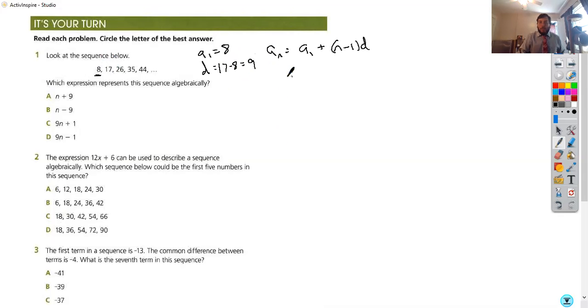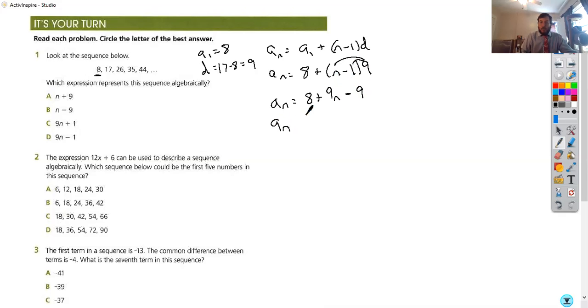So now we're just going to substitute into our formula here, right? So we have A of n equals our first term, 8, plus parentheses n minus 1 times 9, which is our common difference. We're going to simplify by distributing that 9. So we'll have A of n equals 8 plus 9 times n, 9n, 9 times negative 1, negative 9.